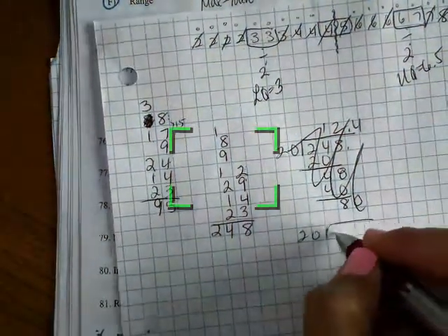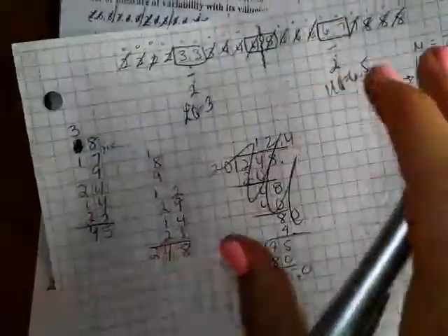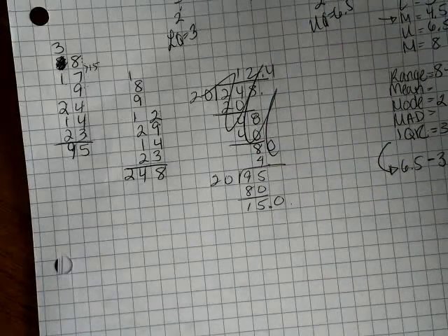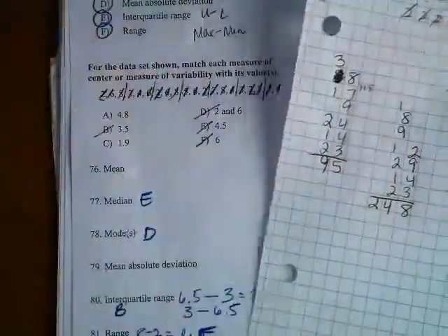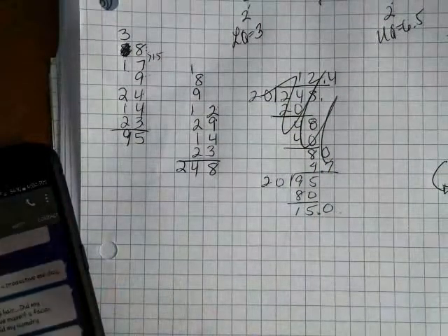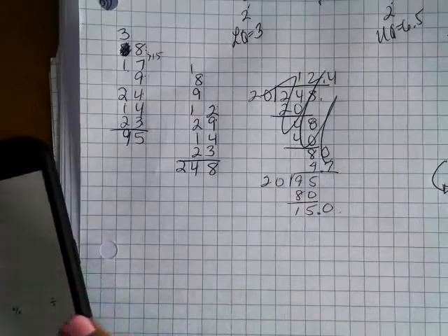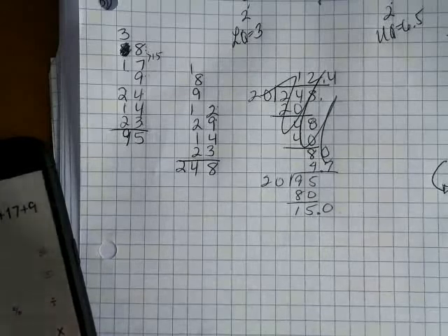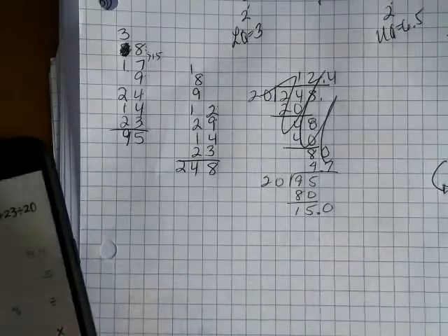And then 20 has to go into 95. Let's see, you have 8 plus 17 plus 9 plus 24 plus 14 plus 23 is 95 divided by 20.